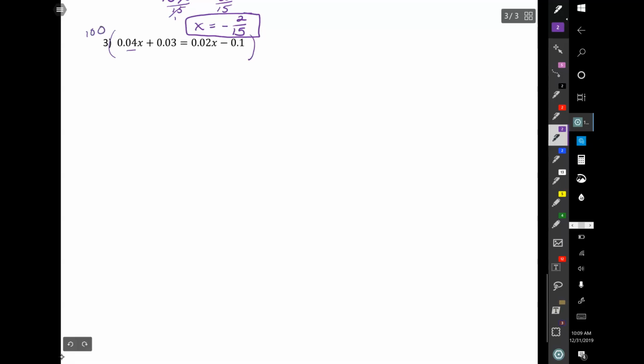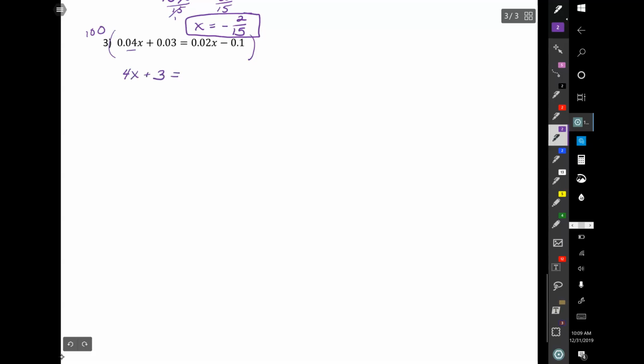Our original problem here is 0.04x plus 0.03 on the left-hand side equals 0.02x minus 0.1 on the right-hand side. So basically I'm just going to multiply every term by 100 to get 4x plus 3.